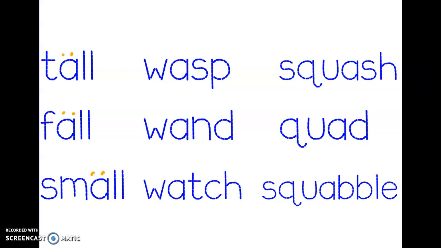A. When the letter A comes after the letter W or the letters QU, the letter A can also make the short O sound. How do you think we'll code these A's that sound like short O's? Good job with 2 dots.